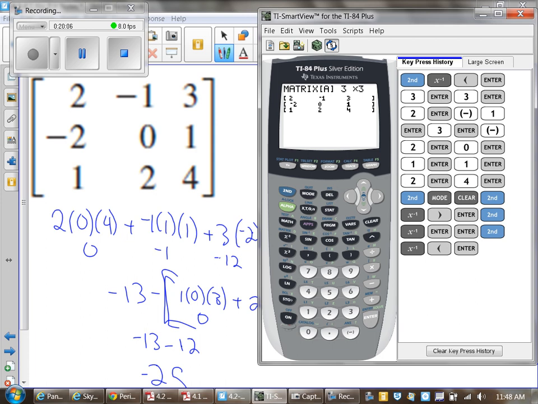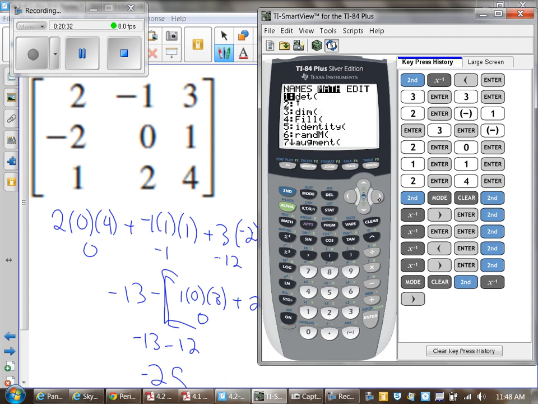Once you get those values entered in, you hit second matrix, move over one spot to where it says math, and there's a button that says DET. Enter. Oh, I hit the wrong, I had to clear out of it. Sorry, my bad, I got to clear out of there first.